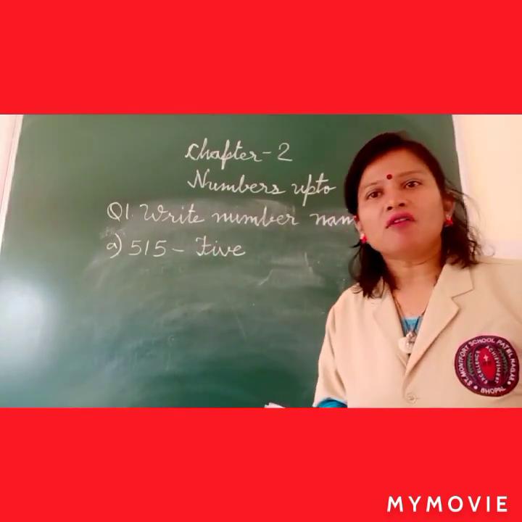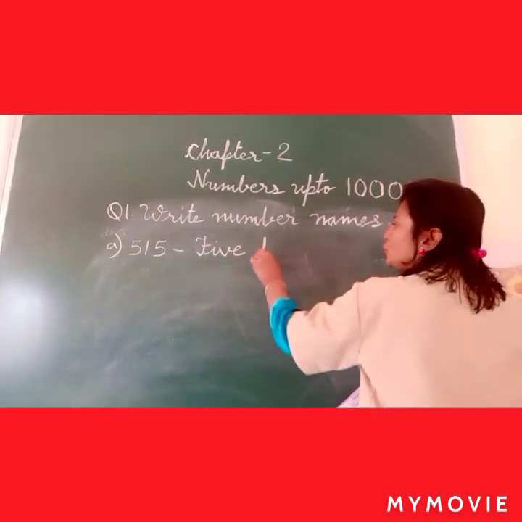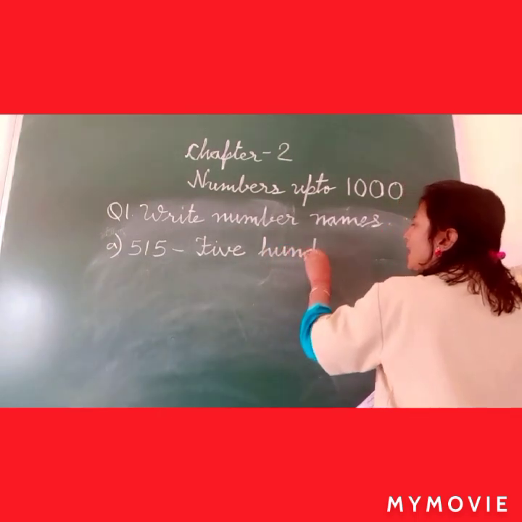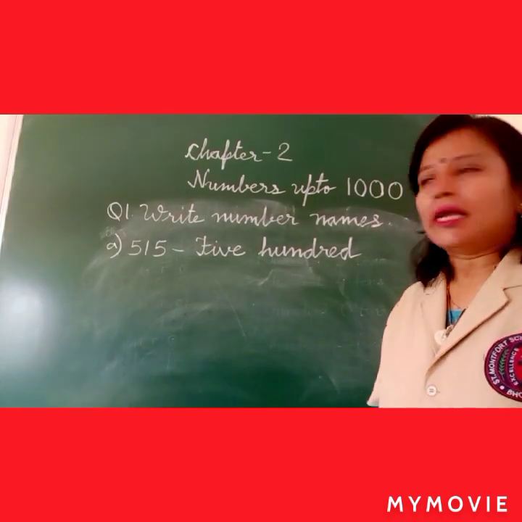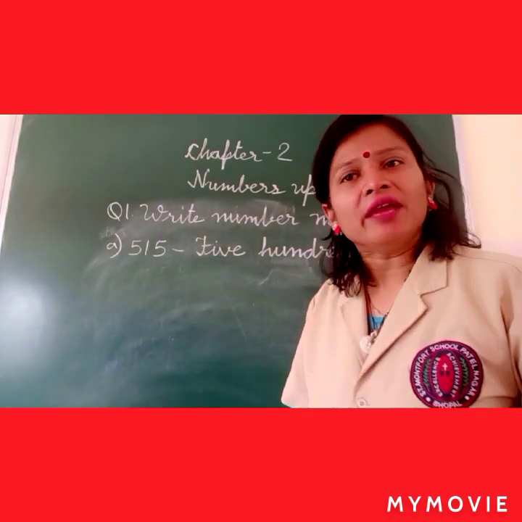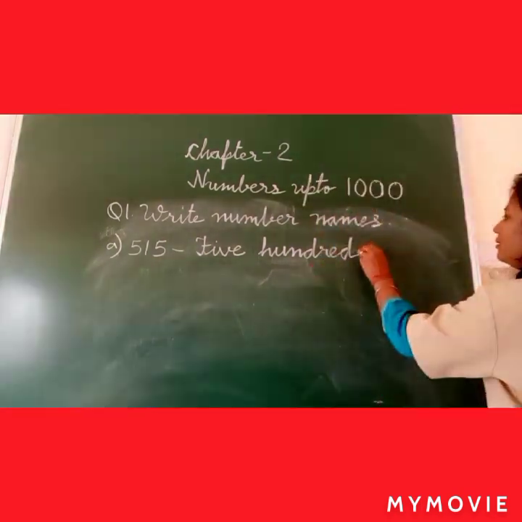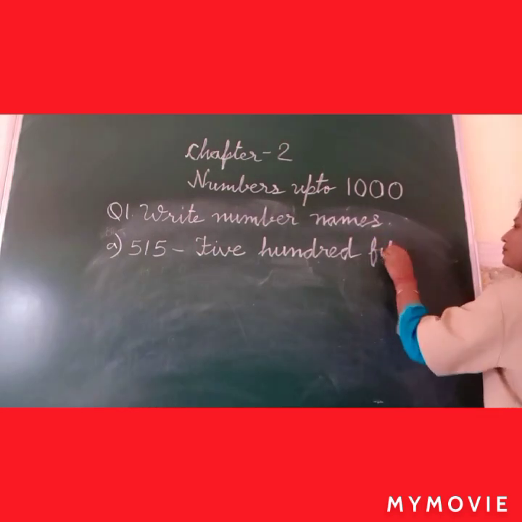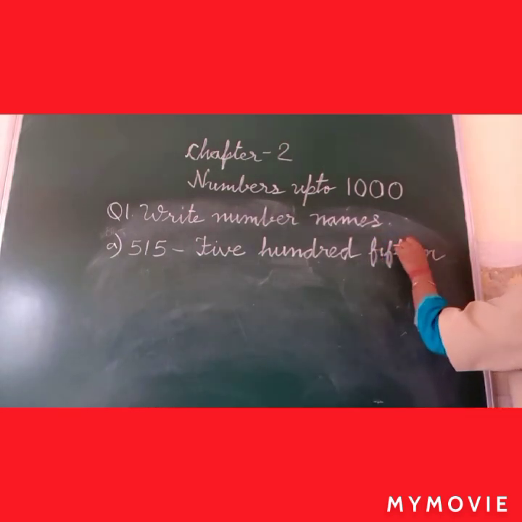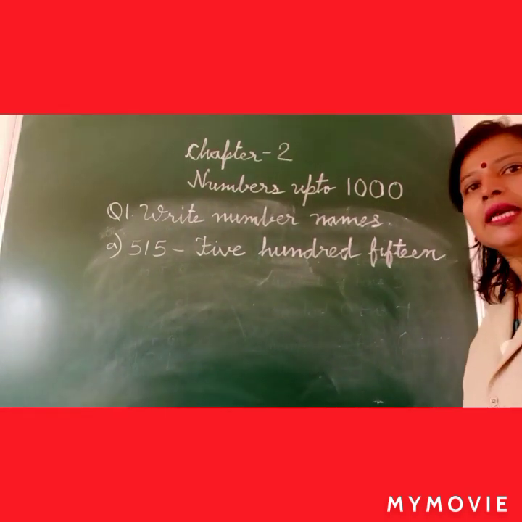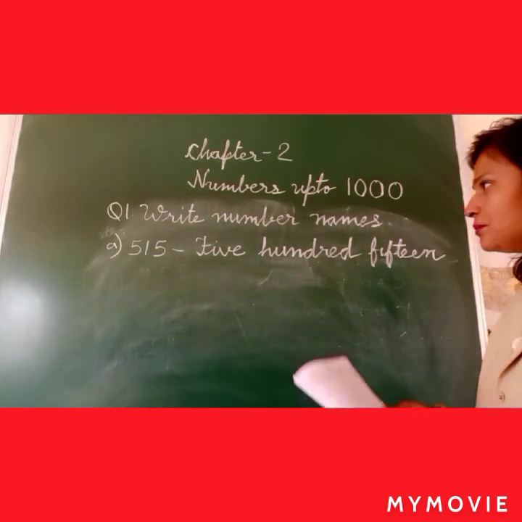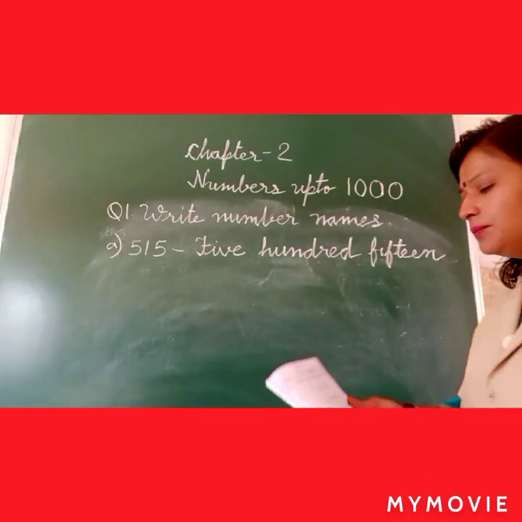Then what is the spelling of 100? H-U-N-D-R-E-D, 100. Then you will write 15. You get 15. What is the spelling of 15? F-I-F-T-E-E-N, 15.